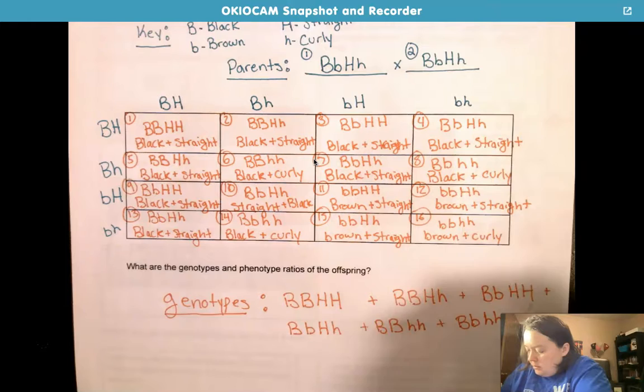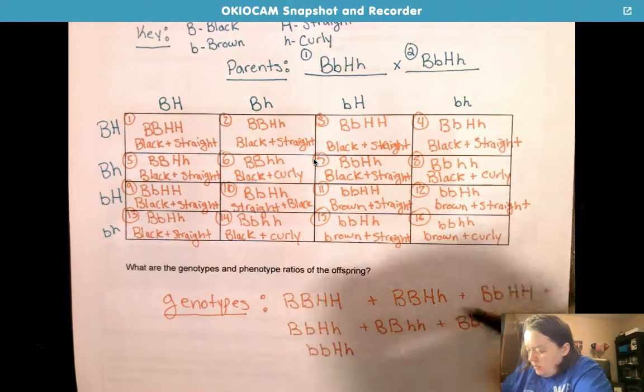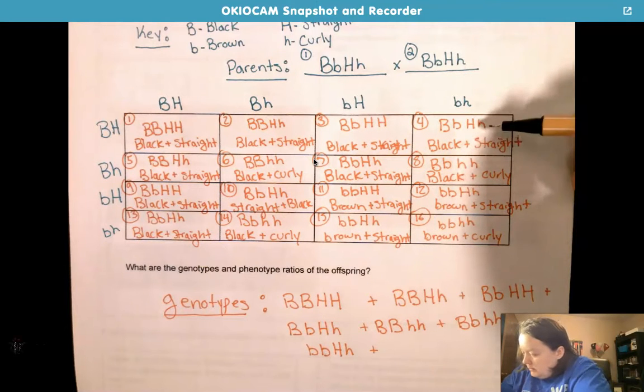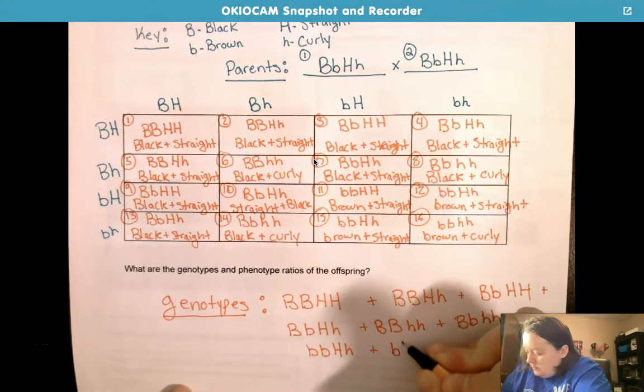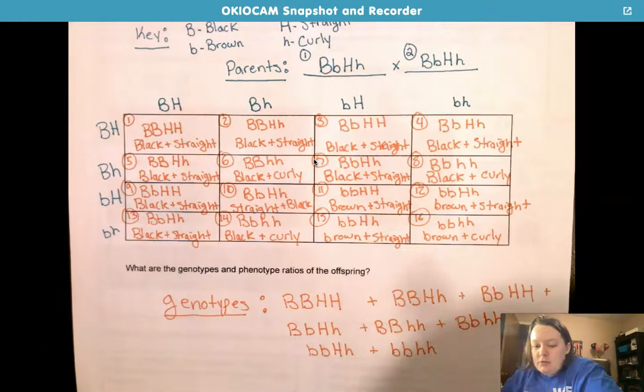We don't have this one. Small b, small b, big H, small h. We got that one. Got that one. Got that one. And then our last one. So those are all the different genotypes we could have.